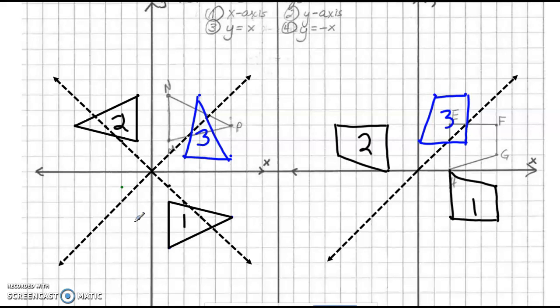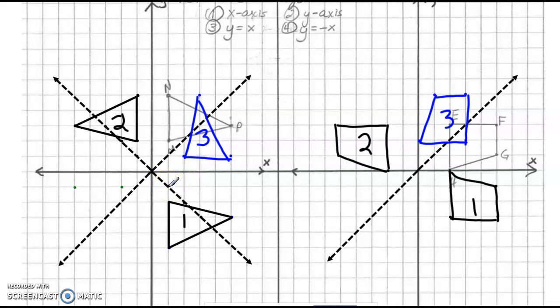Make sure you're doing this. N cuts through 1, 2, 3 squares diagonally, so I'm going to go the other direction 3 squares diagonally, 1, 2, 3, and I'm going to put point N prime there. And then point P, I'm going to my dashed line y equals negative x, diagonal through the squares, so 1, 2, 3, 4 squares diagonally to get to that dashed line.